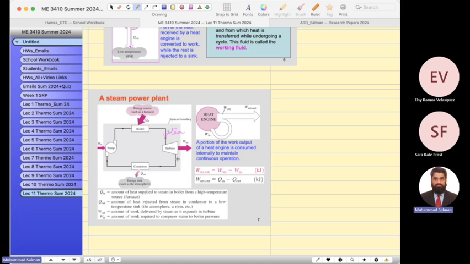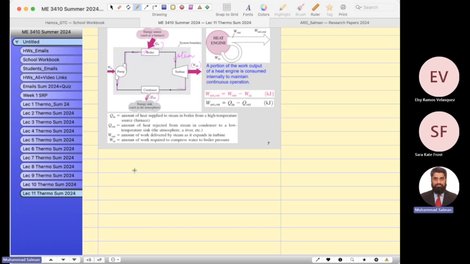Once it performs work output, the same steam enters a condenser, where there are air cooled condensers or water cooled condensers, and the steam loses heat to the environment and converts into water. The water is pumped to high pressure to the boiler, and the boiler makes the steam. Heat is being supplied. We also call it a Rankine cycle.